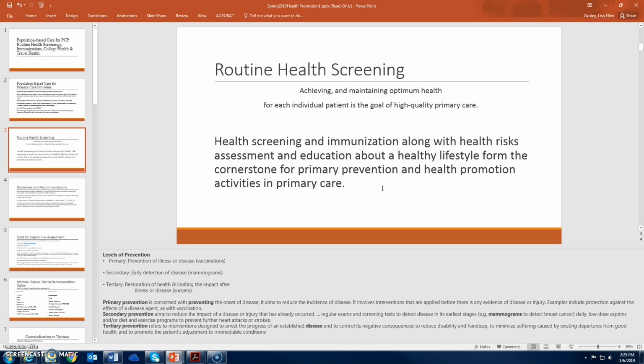And that's what NPs are experts at. And knowing where these health screenings and health risk assessment tools are located and implementing them into your practice is really important. I did include in your notes a review of the levels of prevention, what those levels are and how they apply to our patients.